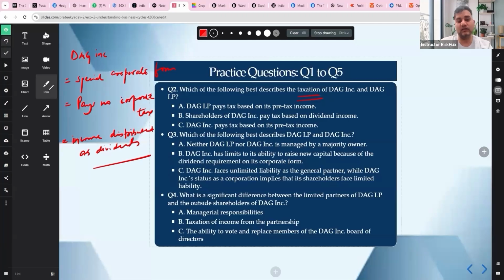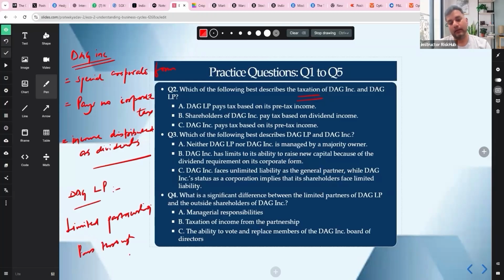Income distributed as dividends. Then you have DAG LP, and it's a pass-through entity.